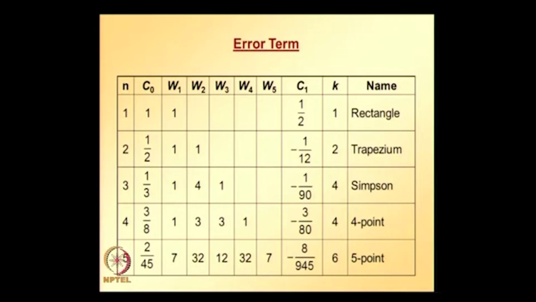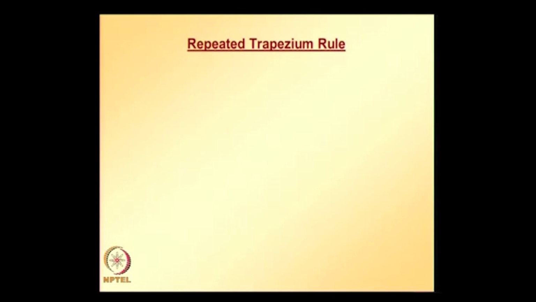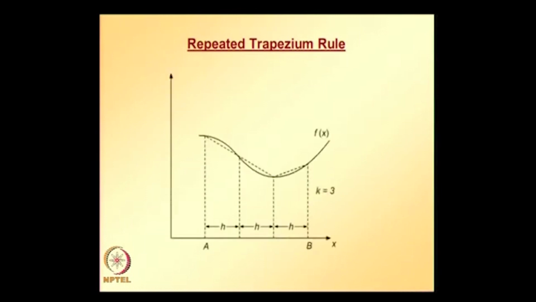Sometimes we may not evaluate an integral at a single stretch using any of these rules. Instead of that, we can use them repeatedly. So let us look at what is called repeated trapezium rule. So instead of integrating a function between the limits a to b at a single stretch, we can divide this into a number of strips.